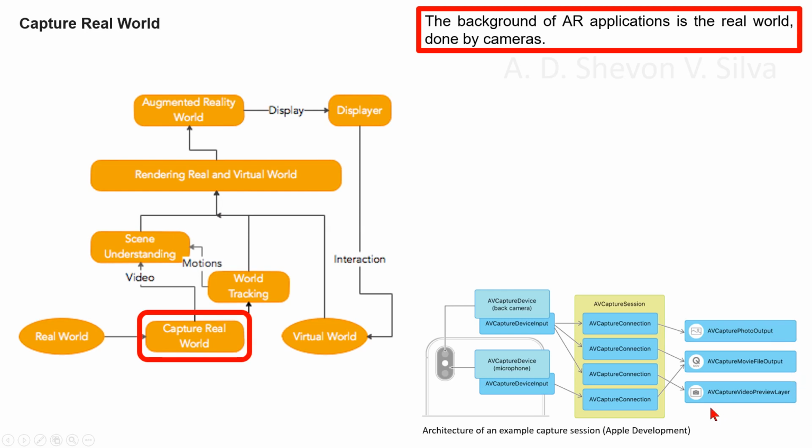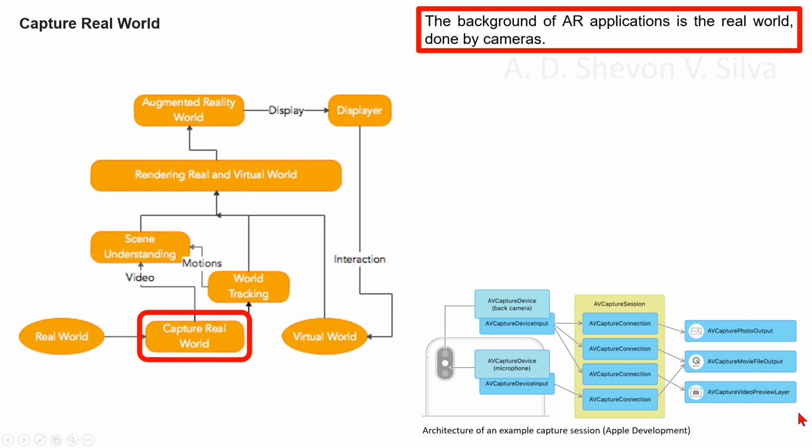As in the viewfinder of a traditional camera, you can provide such a preview by connecting an AV capture video preview layer to your capture session, which displays a live video feed from the camera whenever the session is running.